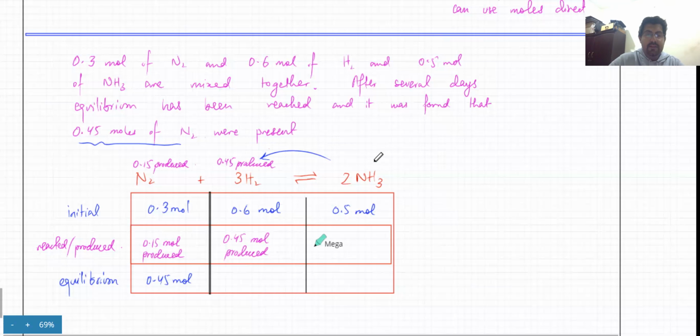Then the next part is, if 0.15 are getting produced, some amount of NH3 must have reacted. It's 1:2. To produce 1 molecule of N2, you need to react 2 molecules of NH3. So to produce 0.15 moles of N2, you would need to react double the amount. It's going to be 0.3 must have reacted.